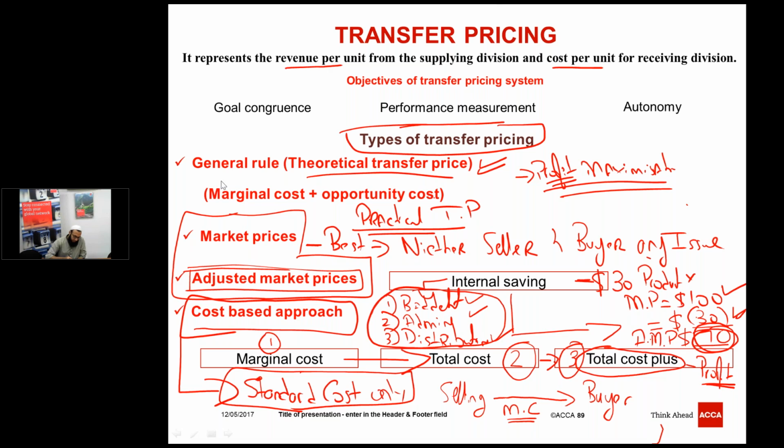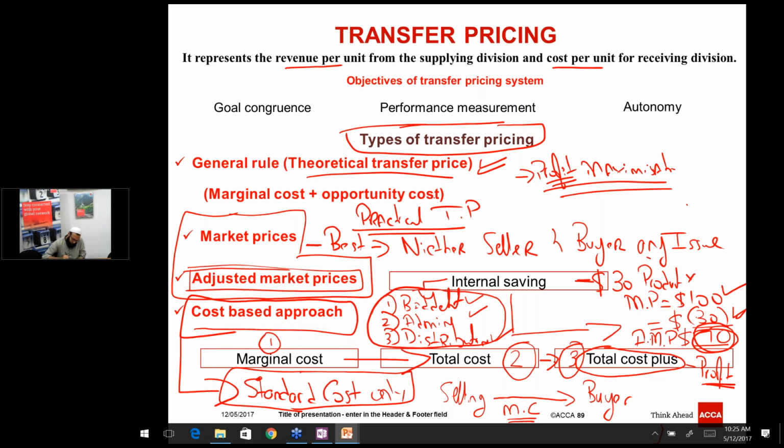Now, the last thing that I want to mention here is that you should know when to use the general rule. When the question indicates something like profit maximization or optimum profit of the group, you need to figure out that the general rule applies. But when market price or cost-based options will be used, don't worry about it.